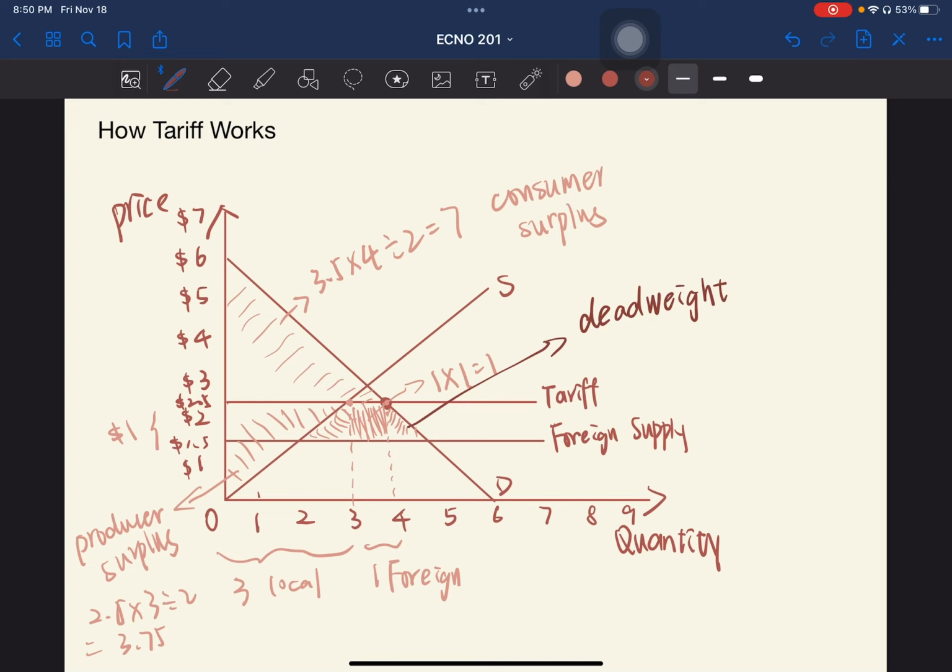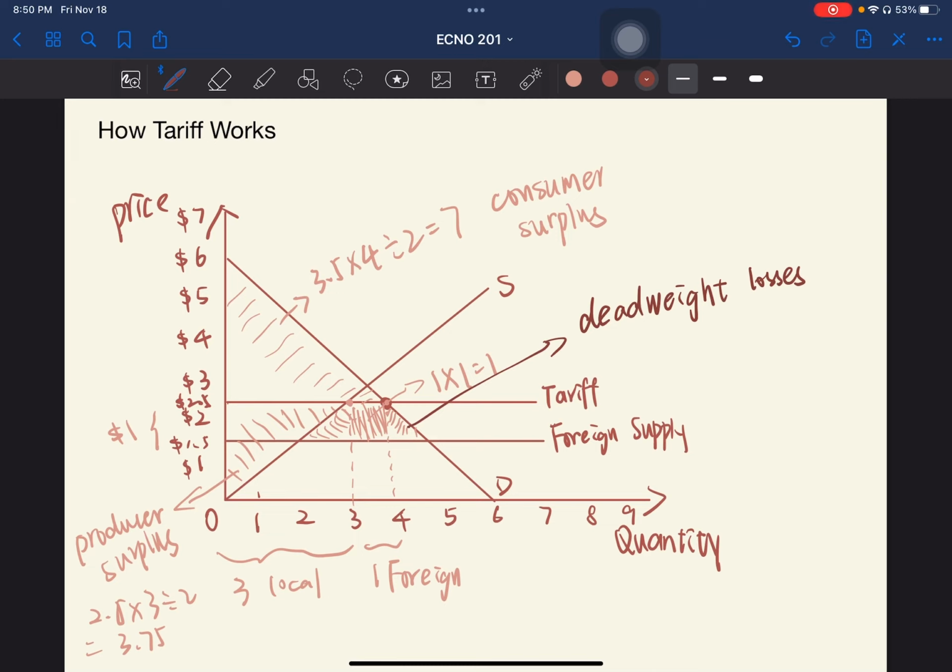So this is the deadweight loss, which is the value that is destroyed that nobody can earn from.